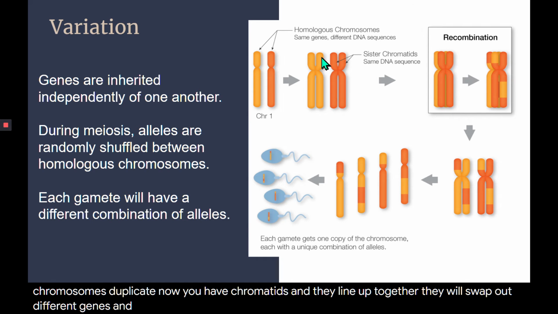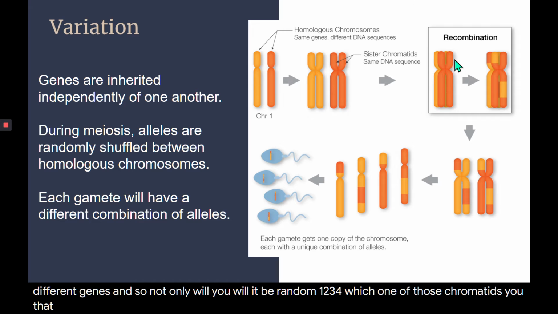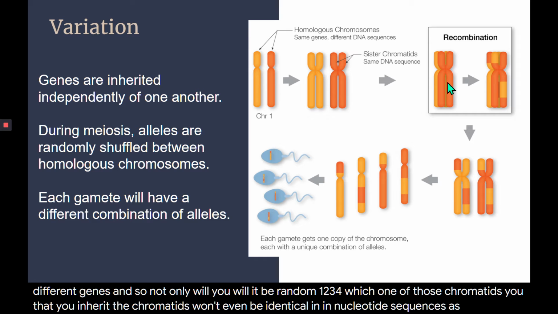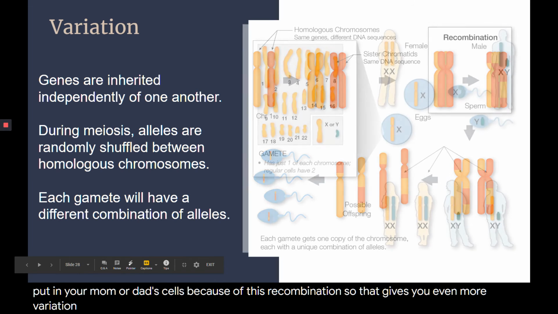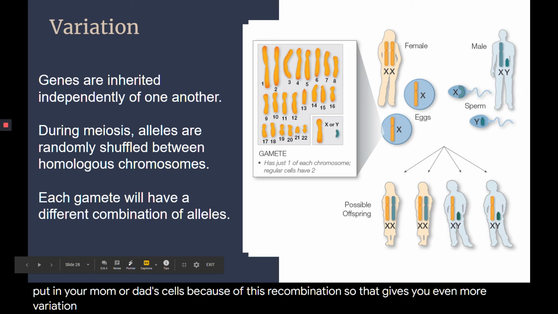And so not only will it be random which one of those chromatids that you inherit, the chromatids won't even be identical in nucleotide sequences as they were in your mom or dad's cells because of this recombination. So that gives you even more variation. And then, of course, the independent assortment.